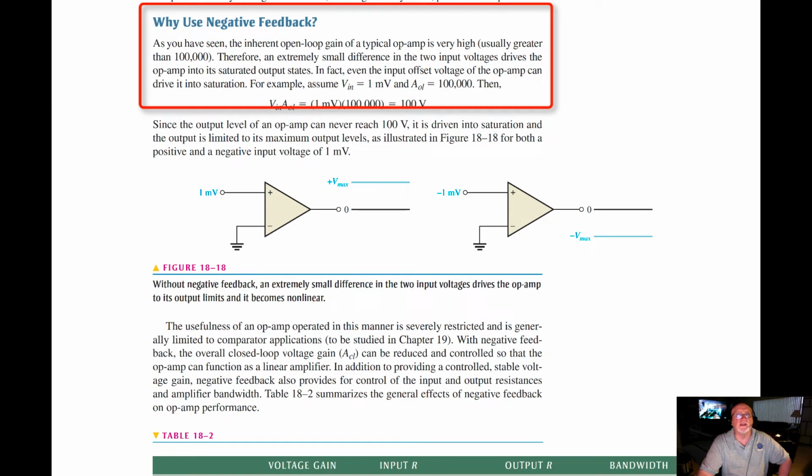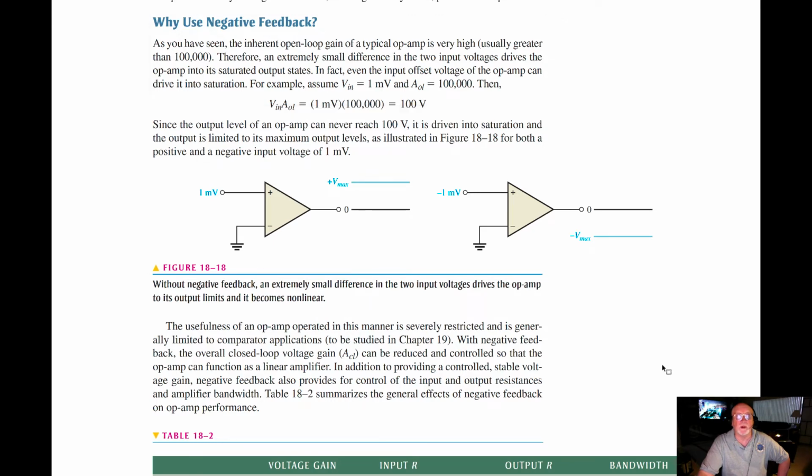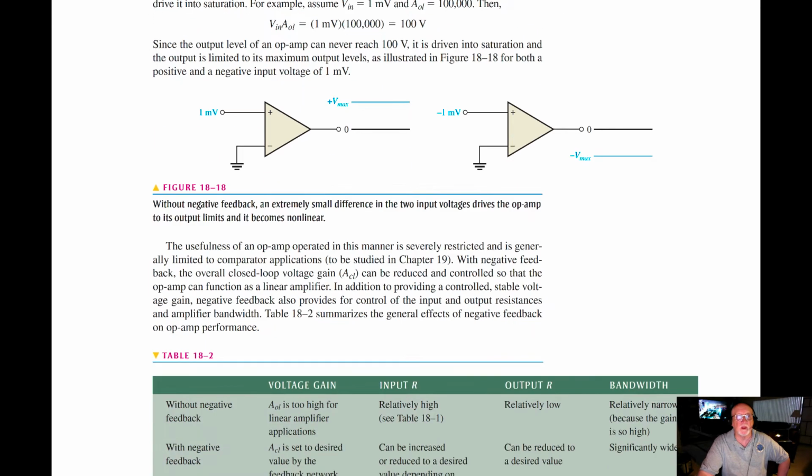So in this case, if we had 1 millivolt and 100,000 in the gain, then we end up with 100 volts. Since the output level of the op amp can never reach 100, it's driven into saturation and the output is limited to its maximum output levels. So you can see in the diagrams here what that is showing you.